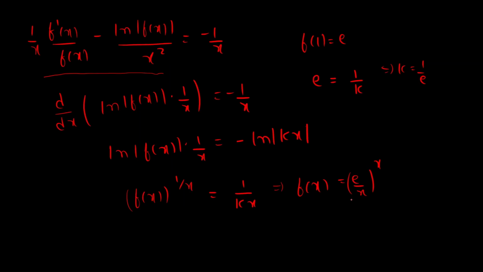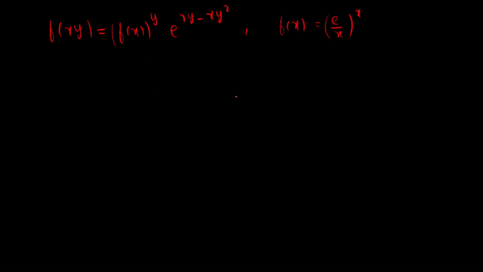Now before we conclude that this is our final answer, let us verify again from the original functional equation. This was our original functional equation. Now let us substitute the solution that we got. If we substitute, we see that (e by xy) whole power xy is equal to (e by x) whole power x y into e power xy minus xy square.